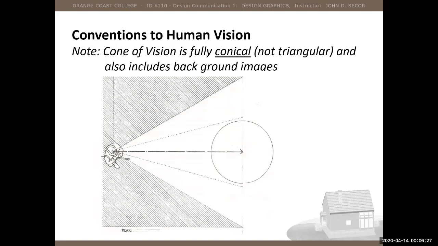So as a result, these conventions of the human vision are important to keep in mind, because as you look at artwork, your eye will move around a painting. It isn't necessarily fixed on just one aspect of the painting. And that's true with our perspective drawings also.